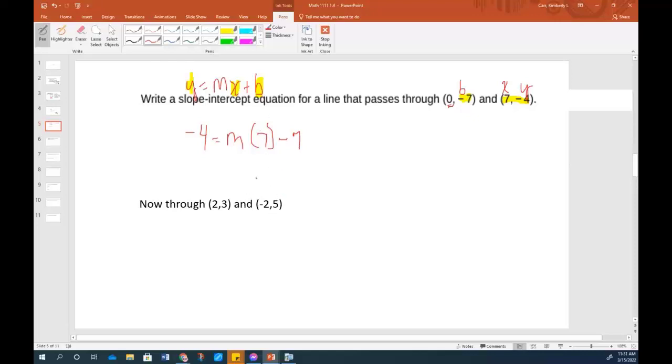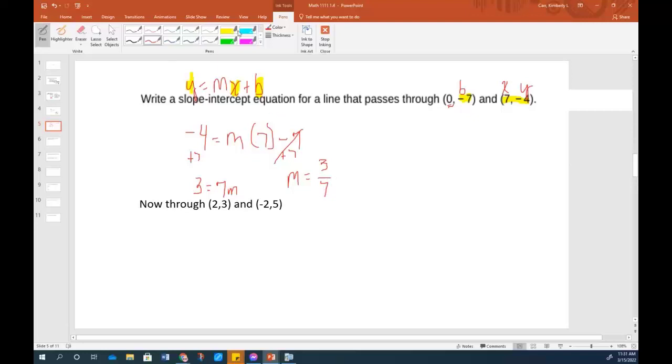All right, so if I add 7 to both sides of the equation, what I'm wanting to do is solve this for the slope. So -4 plus 7 is 3. So 3 is equal to 7 times m. I took off my parentheses when I put it in front. If I divide both sides by 7, I will get the slope is equal to 3 over 7.